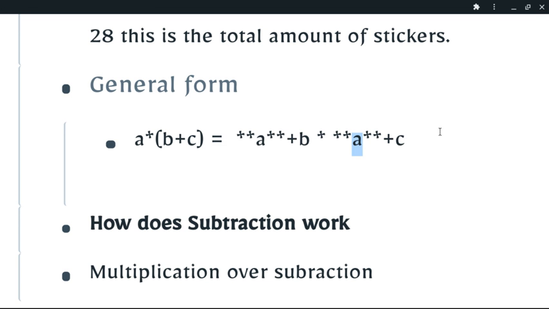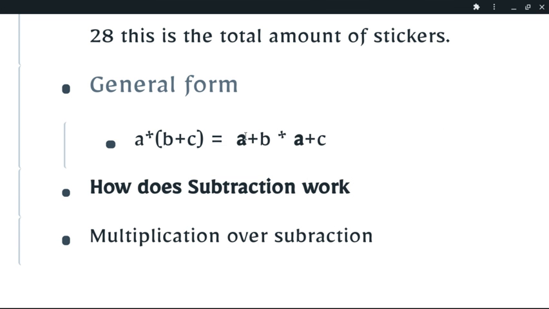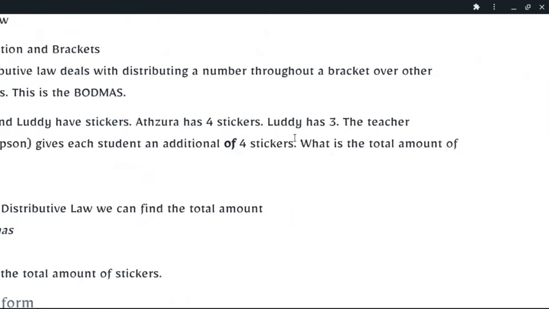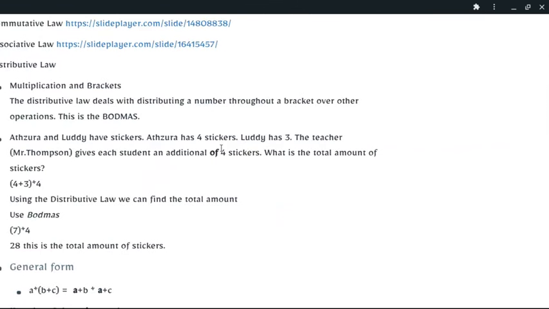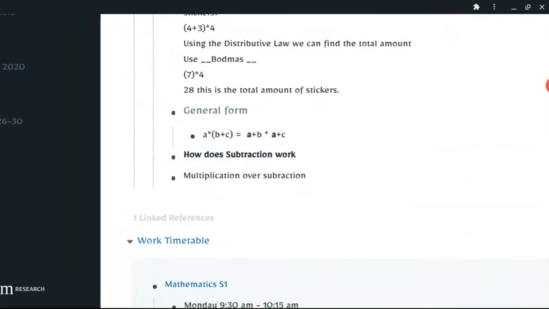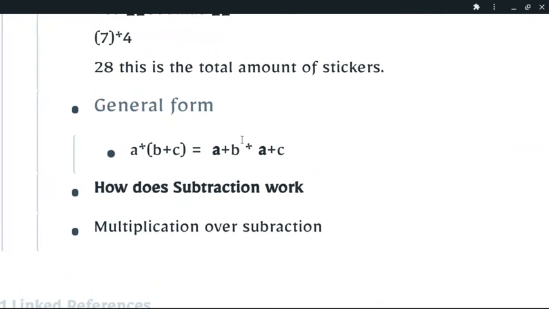So Athzura is B and Ludi is C. What is the common value that they share? A. Right? And A was given to be the 4 stickers that each person should get. That's why they share the same A. Understand?